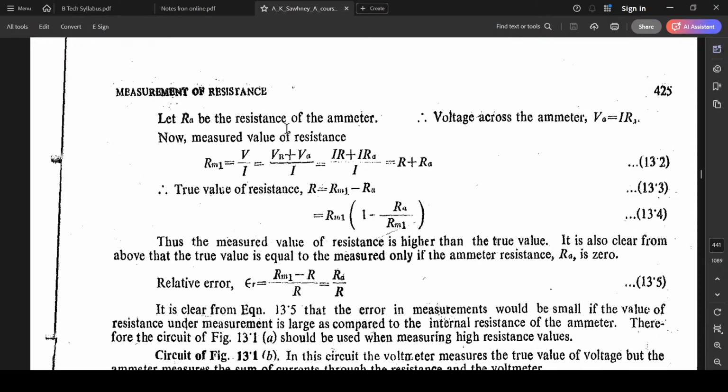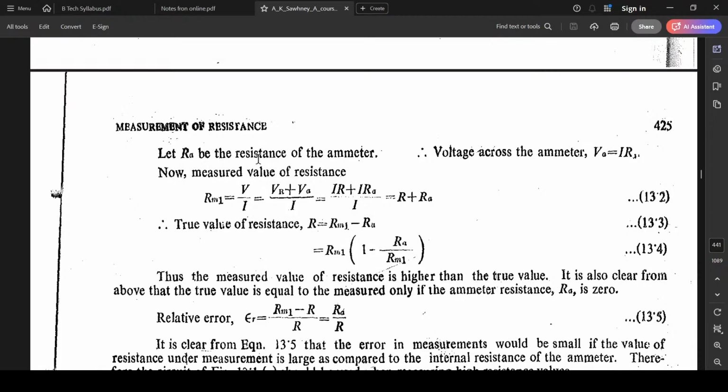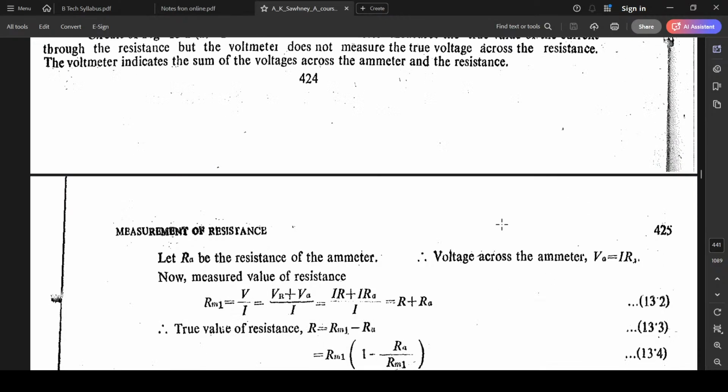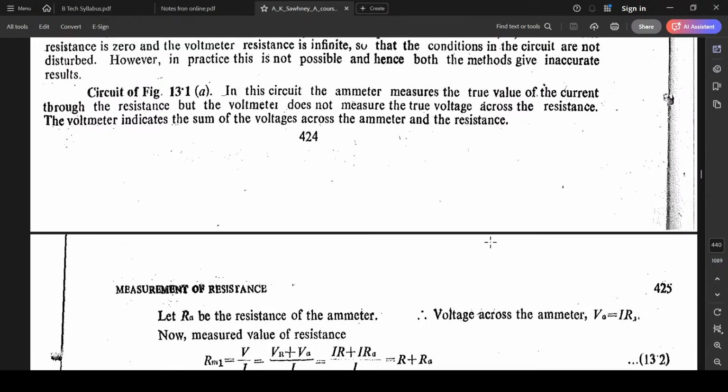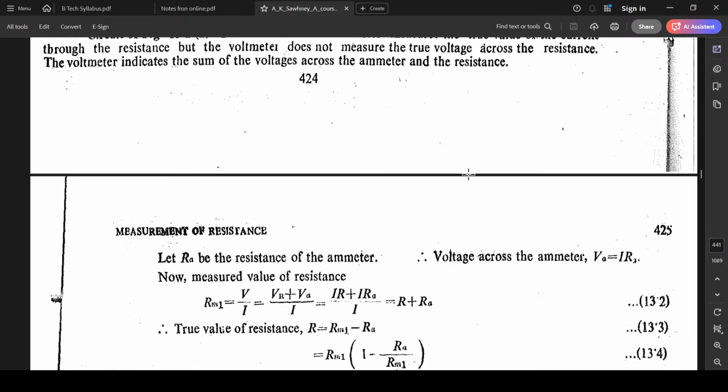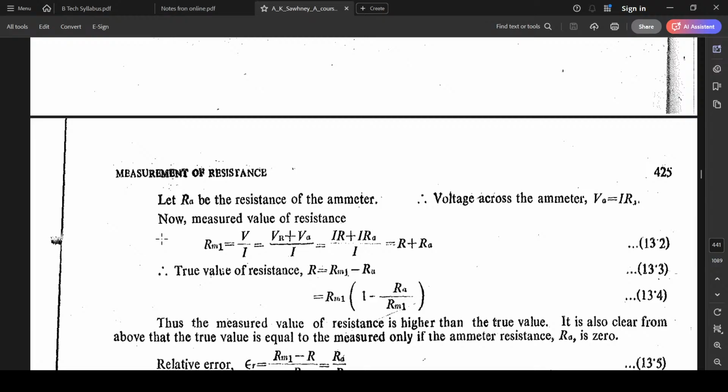This is easy. So now RA, in the first figure, will be what? R. The voltage across the ammeter is V, not IR. Voltage across... So why is it not saying VA? Now the measured value.